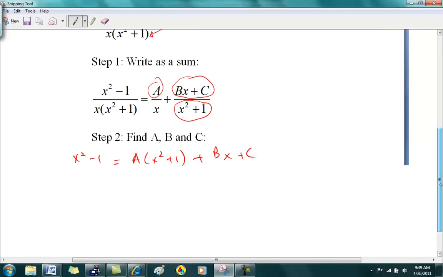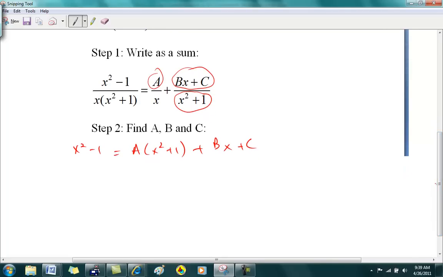This one's going to be a little bit more involved. You're going to get equations in a, b, and c that you'll have to solve, by whatever methods work out easy. You don't just have to use things to kill a. I could, for example, use x equals 0. Okay, so let's do that technique. If you set x equals 0 on both sides, the left and the right, on this side I get minus 1. On this side I get a plus c.